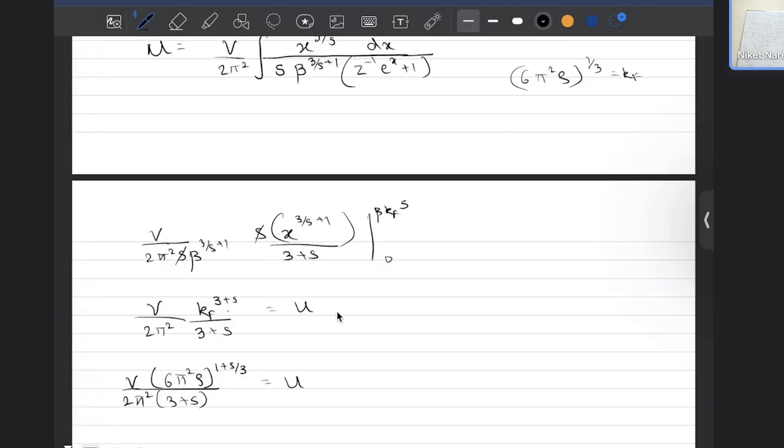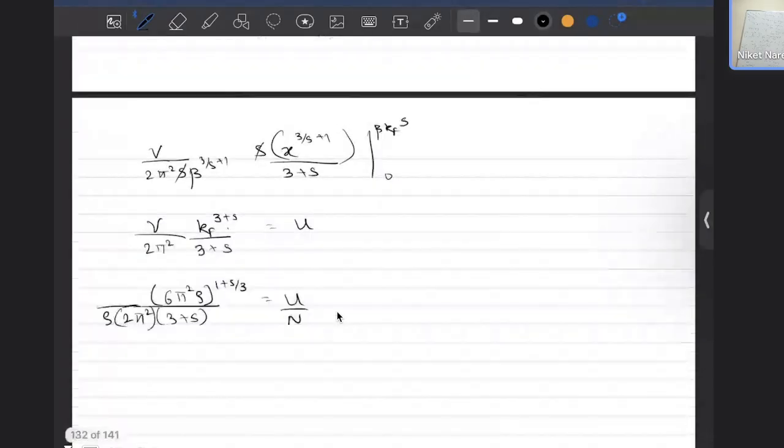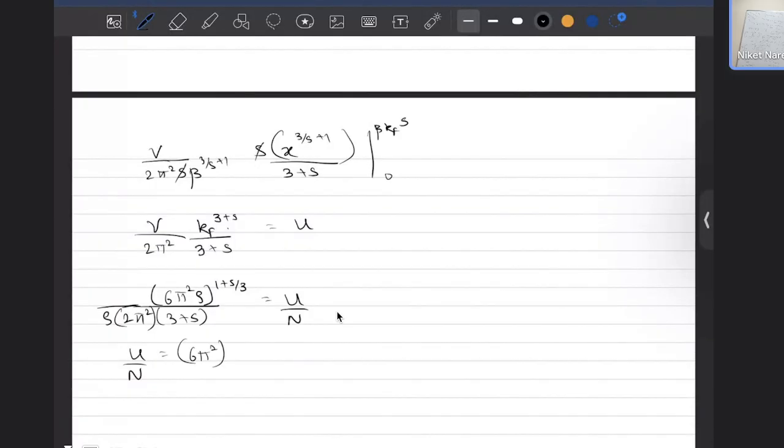We want u by n, right? So u by n, which gives me an n here also. So I get 1 by rho here. So the overall density dependence comes out to be 6 pi square raised to power 3 plus s by 3, rho power s by 3, divided by 3 plus s into 2 pi square.